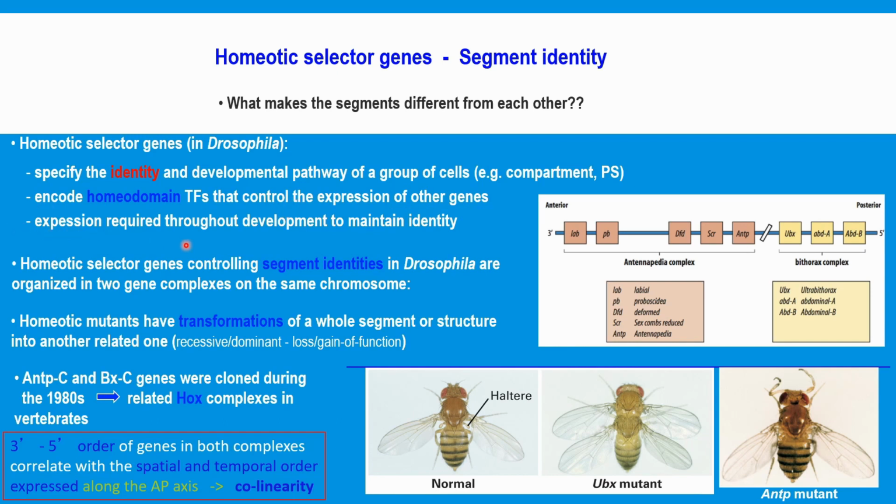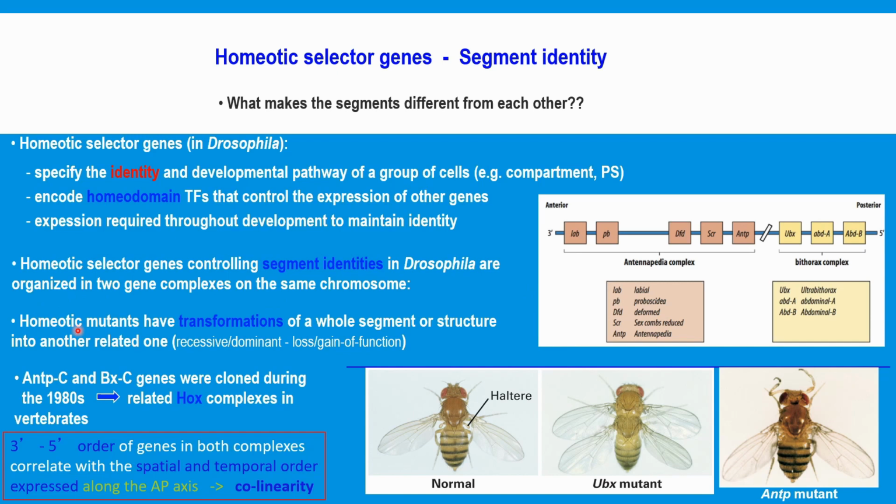And their expression is required throughout development to maintain identity. There are two complexes in Drosophila of homeotic selector genes that control segment identities. We have the Antennapedia complex, or Antennapedia C, shown here, and the bithorax complex, BXC.